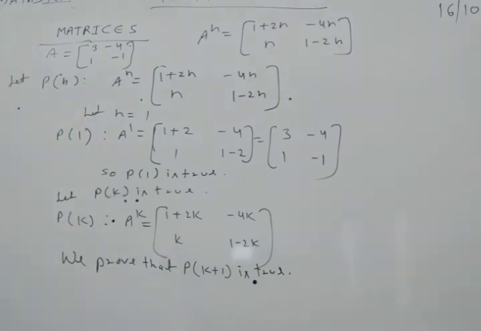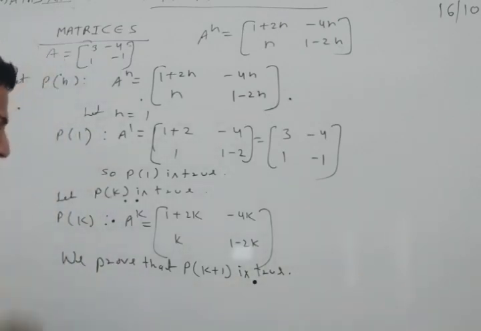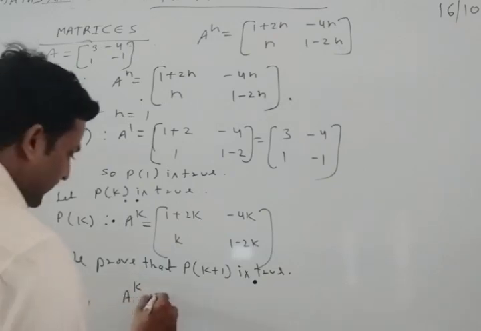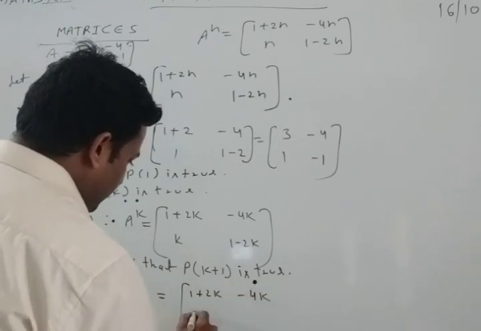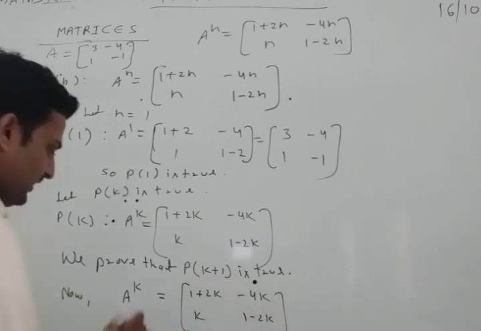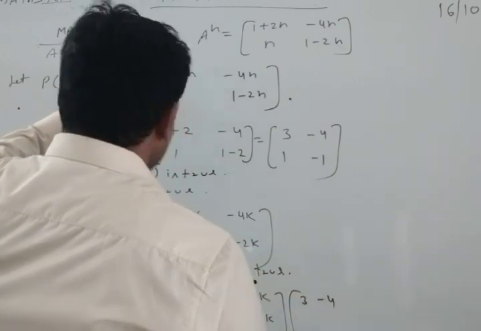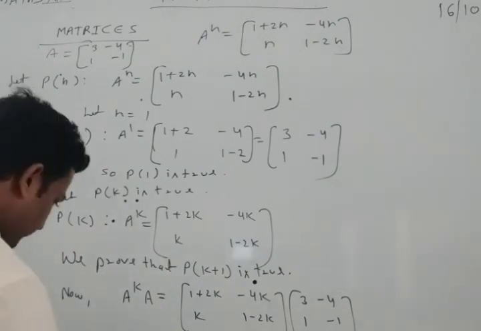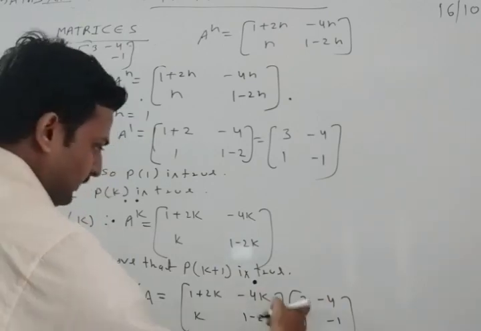So for proving this, we take this term and multiply both sides by A. So A to the power k is 1 plus 2k, minus 4k, k, 1 minus 2k. Now multiply both sides by A, where A is 3, minus 4, 1, minus 1. Okay. Now multiply this, A to the power k plus 1, on the left hand side and the right hand side.